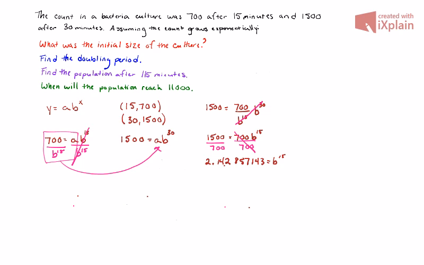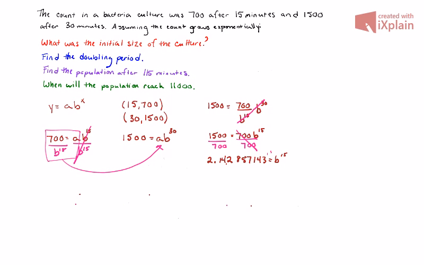Rounding values while you're still arriving at an answer removes some of the accuracy of your work, and that potentially could throw off your answers in significant ways. So now we want to get b by itself, so in order to get rid of the power of 15 here, we're going to want to take a root.